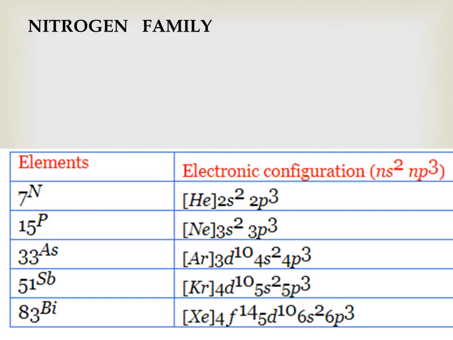So if you look carefully, the general outer electronic configuration for group 15 is ns2 np3.